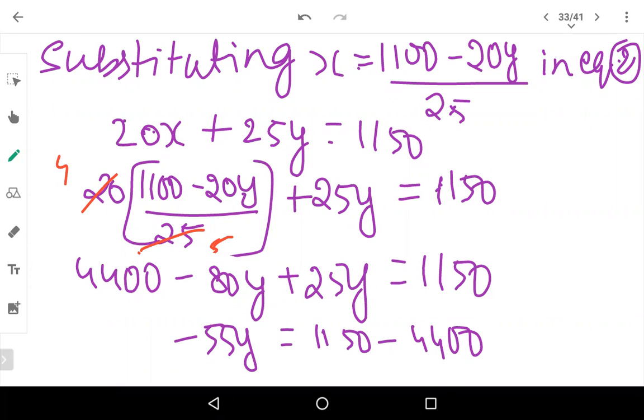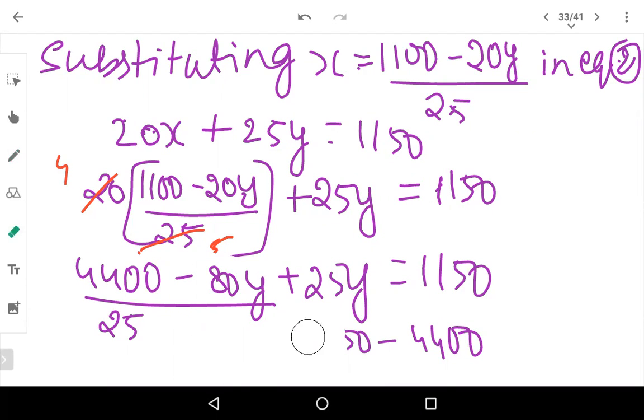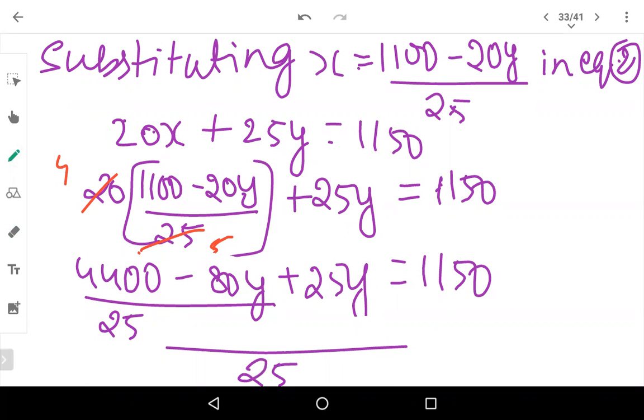Okay, I think I've missed out something here. Yeah, divided by 25. Okay, so once you have division by 25, you have to take the LCM. There's no other go.